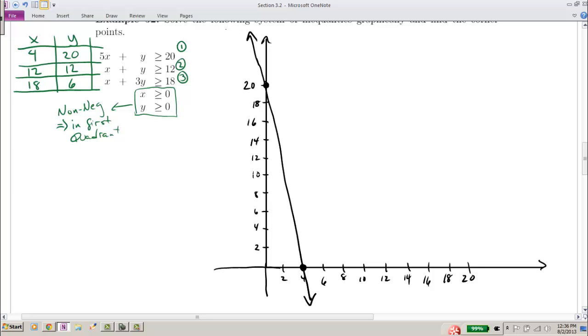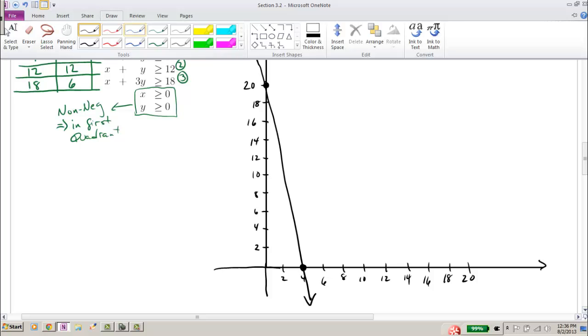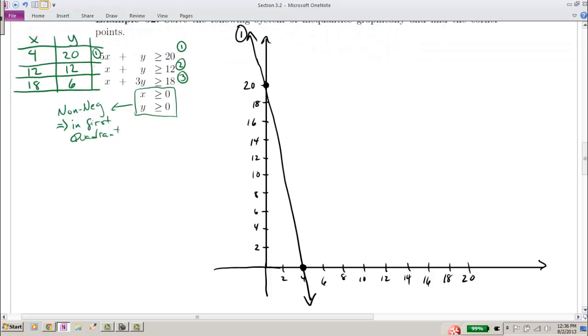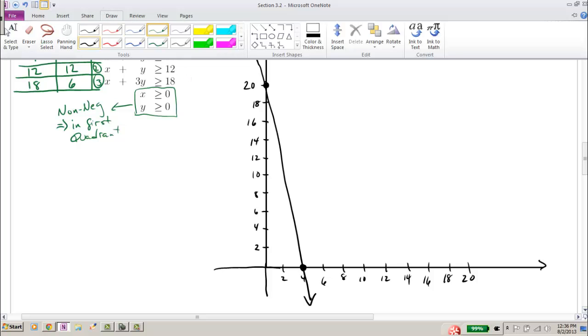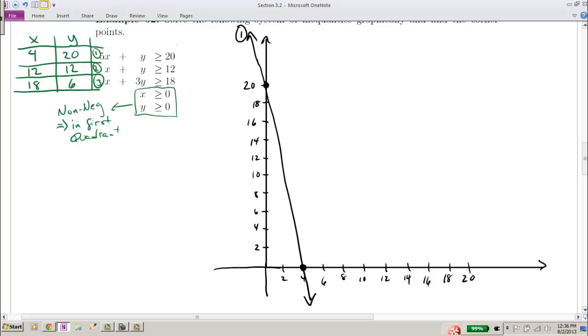Just to help keep this organized, I'm going to label the line for that first inequality. Now, as we go through each one, we can see if testing 0, 0 makes it true.